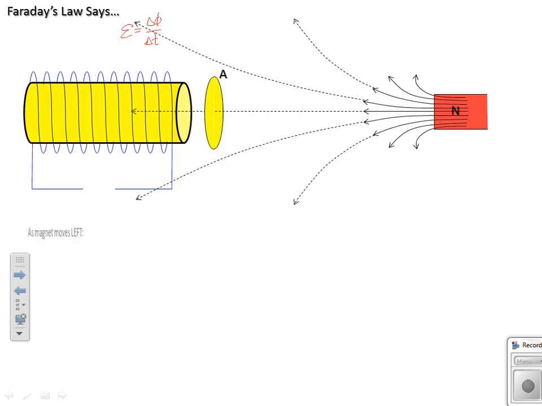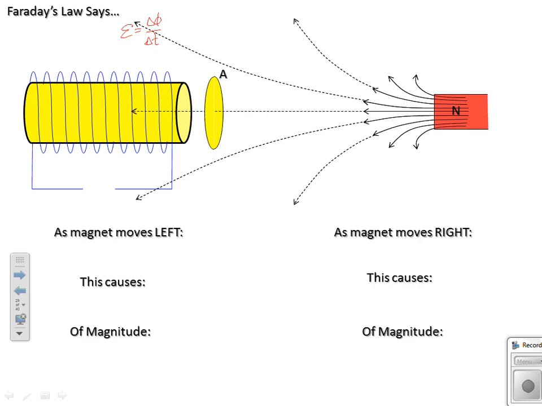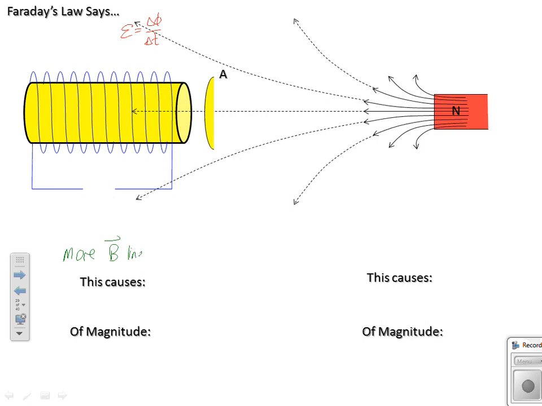Now this shows us that as we move this magnet left, more magnetic field lines would cut through that area vector, or that area A.